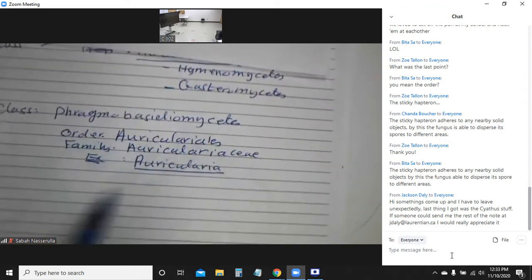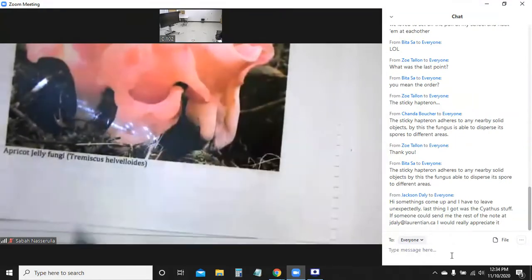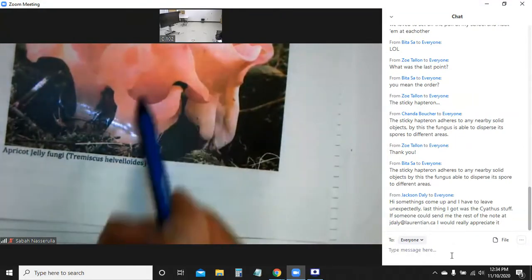This is an ear-shaped gelatinous structure. Sometimes some of them may look like this, gelatinous, and sometimes they have very nice shapes and colors. Sometimes they look like this in the field, with different colors.